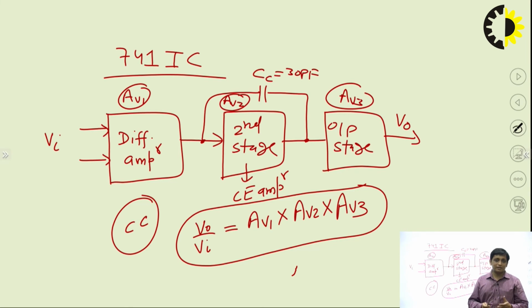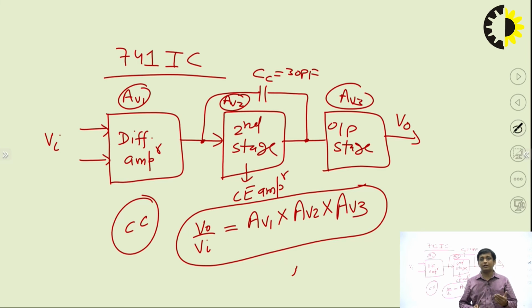So we can say that this 741 op-amp IC, the first point is obviously it's an op-amp, so it's a difference amplifier. The second important thing about 741 IC is that it's a multi-stage amplifier. Obviously, if it is multi-stage, then it will provide high gain. The voltage gain of 741 IC for a particular value of load is around 107 dB.